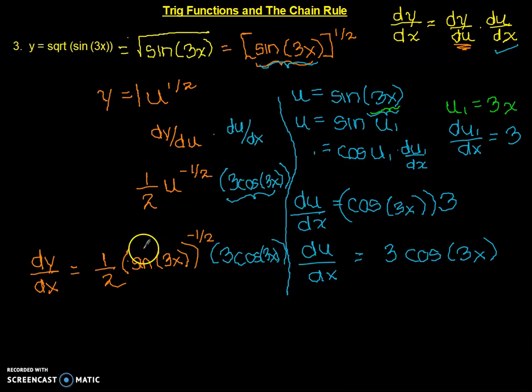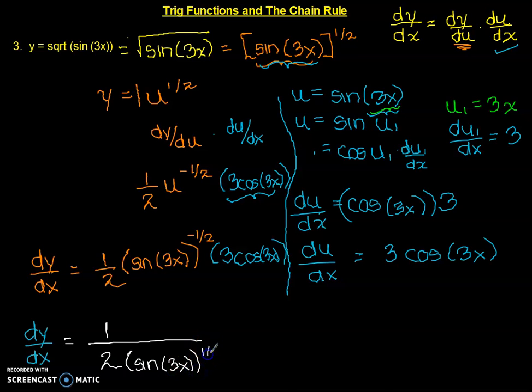Okay, so it's time to clean it up. So to find dy over dx, I am going to just rewrite that 1/2 and figure out what's supposed to be in the numerator, what's supposed to be in the denominator. Well, the sine of 3x has a negative power, so it's going into the denominator, so it will have a power of positive 1/2. That 3 cosine of 3x, nothing's wrong with it.